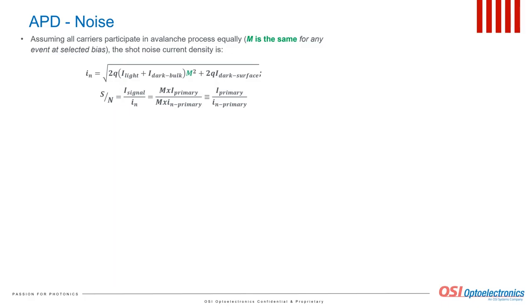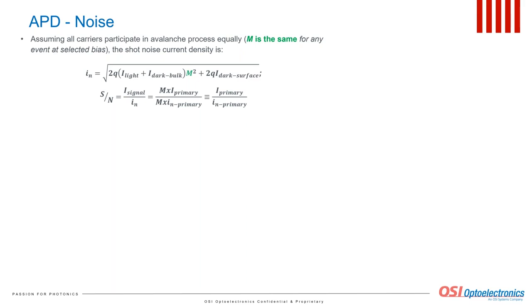The assumption of equal gain for all carriers means that compared to a regular pin photodiode, such an ideal APD should be able to provide the output signal with M times higher amplitude than the primary signal from a pin photodiode, and with basically the same signal-to-noise ratio as for a pin photodiode of the same size. This would be an excellent result.